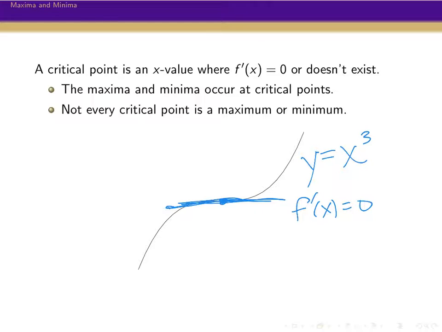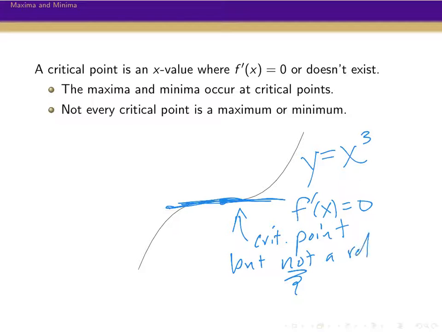No. To the right of it, it's increasing. To the left, it's increasing. So to the right, there are points that are higher. To the left, there are points that are lower. So it's neither a max nor a min. So this is a critical point, but not a relative max or min.